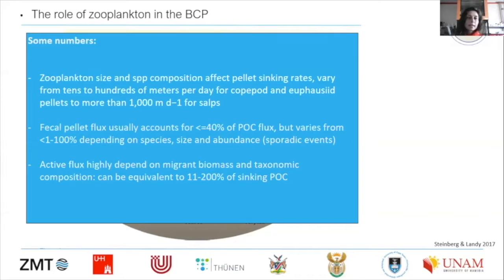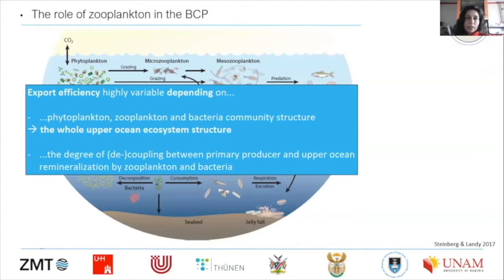The active flux is also highly dependent on the migrant biomass and the taxonomic composition. So it can be equivalent to around 11 to 200% of the sinking particulate organic carbon. So these export efficiencies are highly variable and depend on the phytoplankton, the zooplankton, and the bacteria community structure, so to speak, the entire upper ocean ecosystem structure.